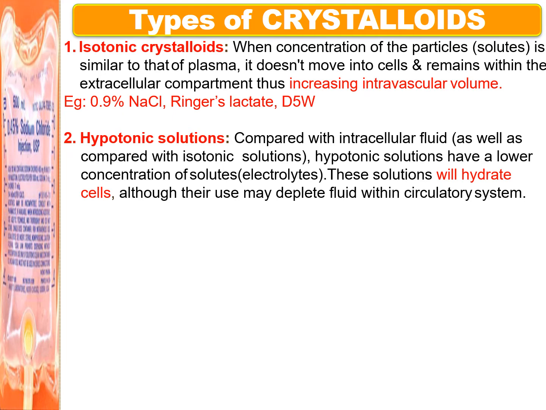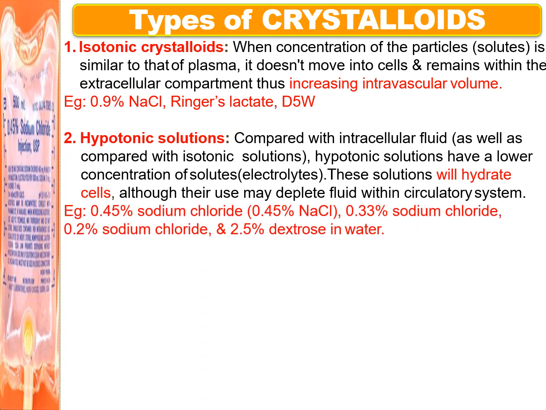These solutions will hydrate the cells, although their use may deplete fluid within the circulatory system. Examples of hypotonic solutions are 0.45% sodium chloride, 0.33% sodium chloride, 0.2% sodium chloride, and 2.5% dextrose in water.